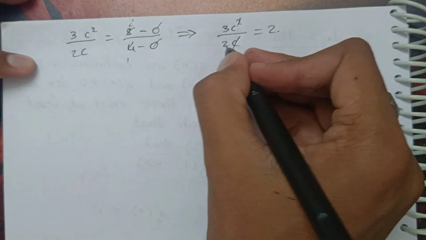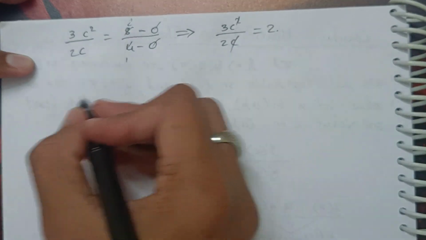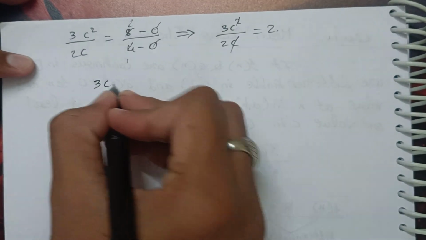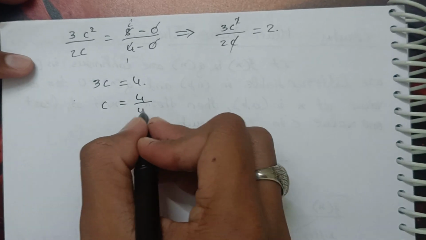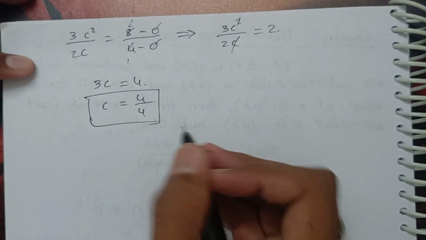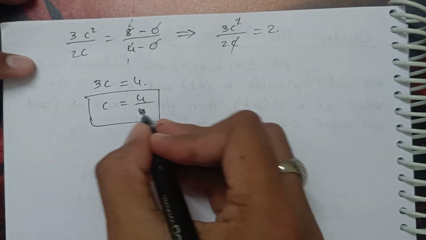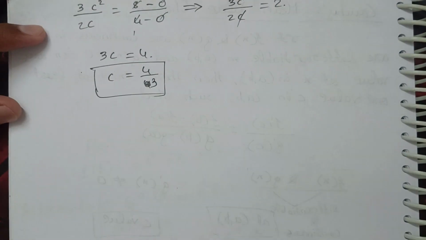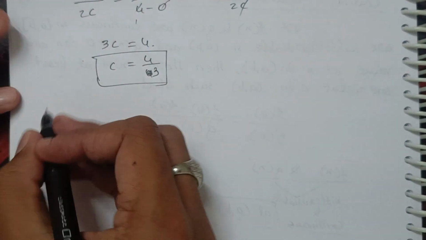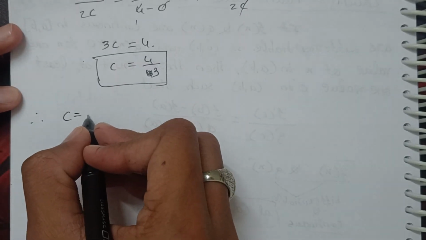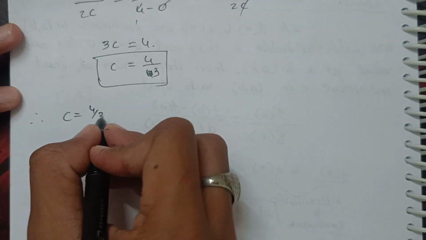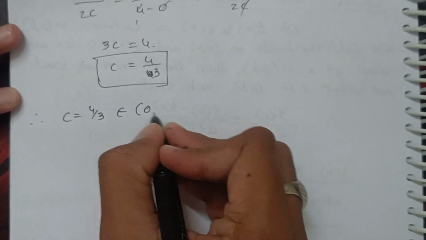Square and c cancel, we take 2 to that side, 3c is equal to 4, and so c is equal to 4 by 3. So now we got that c is equal to 4 by 3, which belongs to (0, 2).